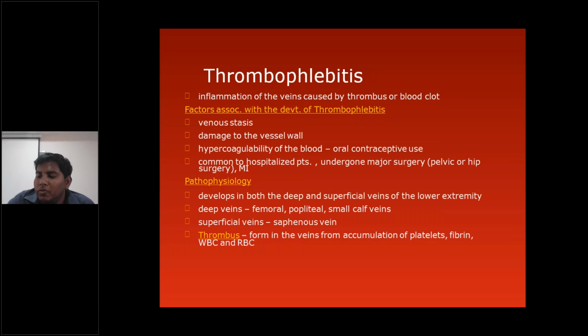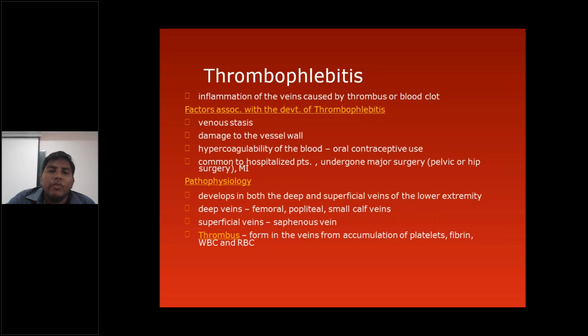There will be inflammation and discoloration of the overlying superficial vein used for intravenous administration of various drugs. If severe, it can present with inflammatory symptoms and fever. So it is one of the important causes of post-operative fever.